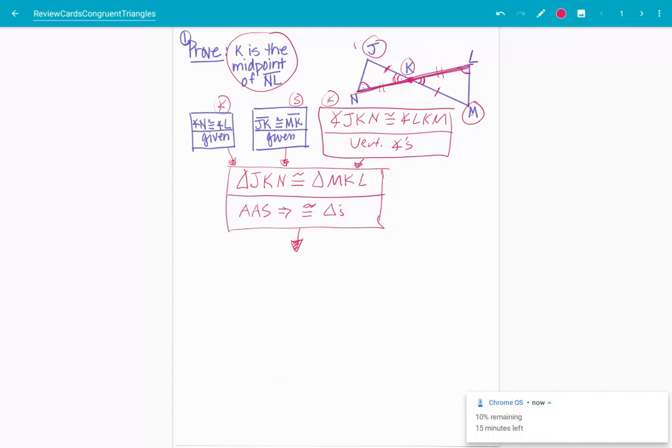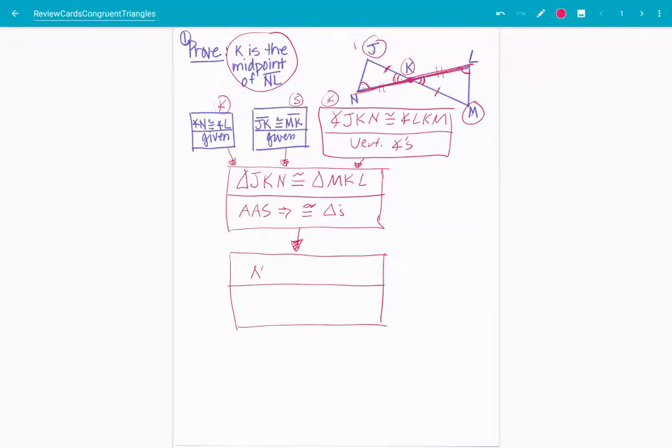I'm going to show that because my triangles are already congruent, then all the parts are congruent. So I can say that segment NK is congruent to segment LK because congruent triangles imply congruent corresponding parts.